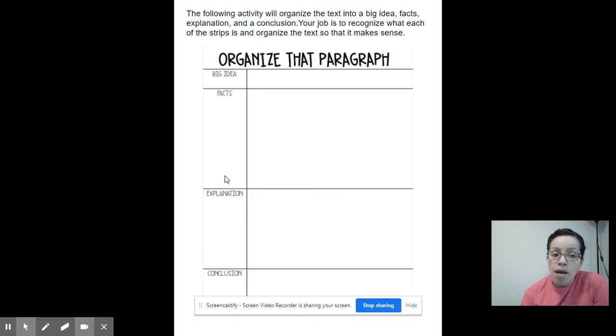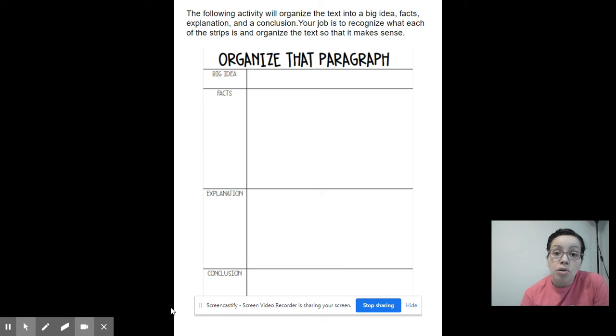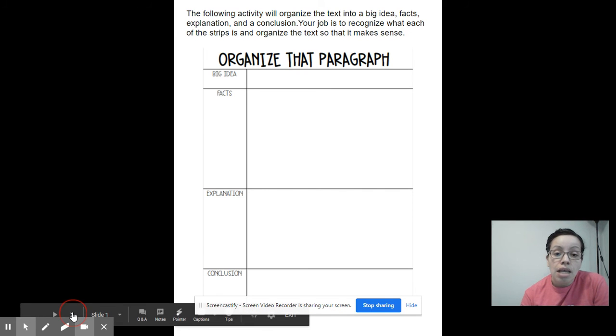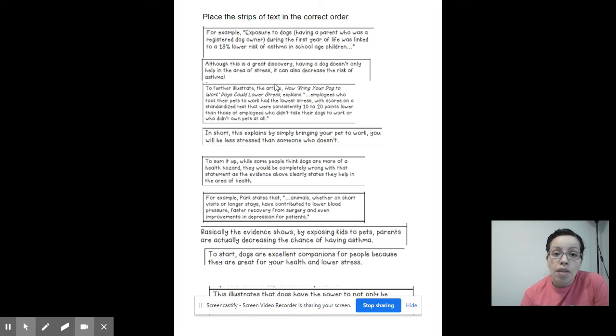Which of those strips of writing give you an explanation and which one gives the fact? So your work is to organize the text into the big idea, the facts, the explanation, and conclusion. Your job is to recognize what each of the strips is and recognize the text so that it makes sense. So when you put it in order, you can read it and it will make sense.